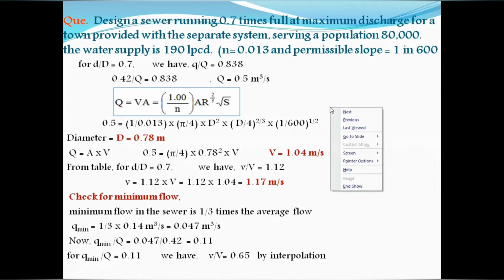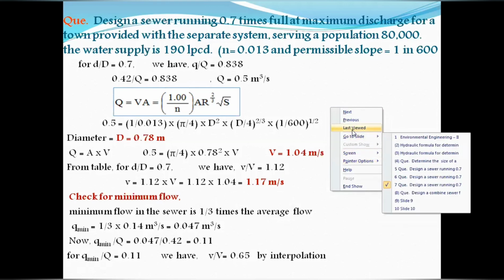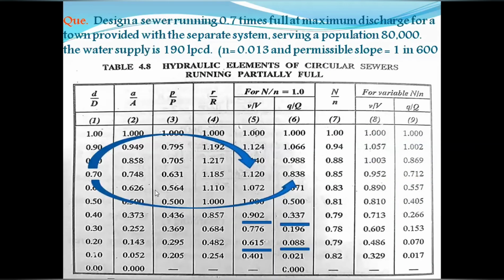Let's see the table again. Here we have the value of small q by capital Q as 0.1, but in this column there is no value indicating 0.11. The 0.11 value lies in between 0.088 and 0.196.